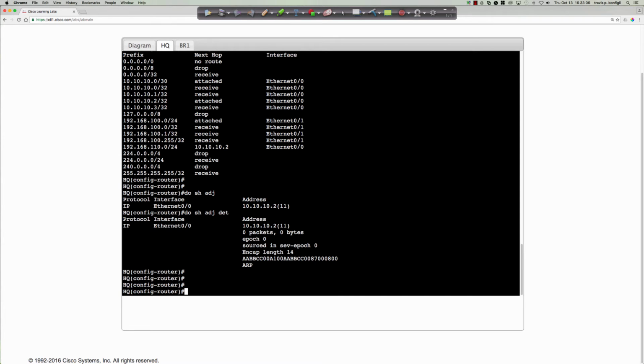Now let's jump into the conversation of, okay, I've heard that some traffic isn't CEF switched. You're correct. There are certain cases, I don't want to call them exemptions, where the information won't be CEF switched.